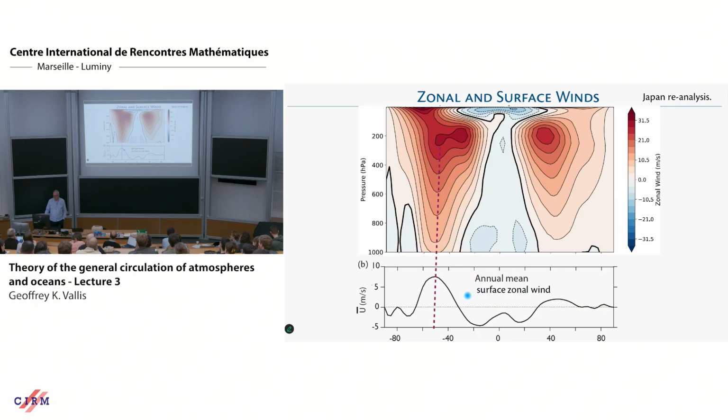But here the winds, and what is actually true is if you integrate over the entire surface, the winds exactly cancel out on an integral basis. There are as many eastward winds as westward winds. It's not quite obvious from this.